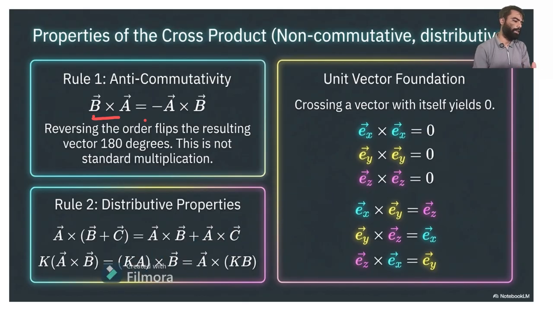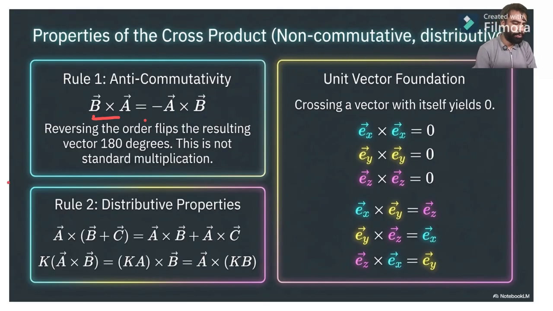So b cross a is equal to minus a cross b. It does not follow commutativity, as we saw in the previous lecture. In the dot product, b dot a and a dot b are the same, but in this case they are not. b cross a is equal to minus a cross b.